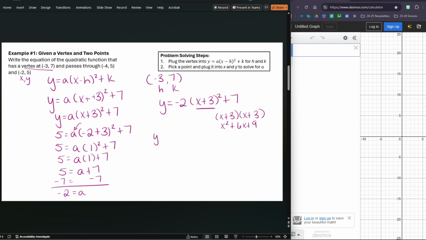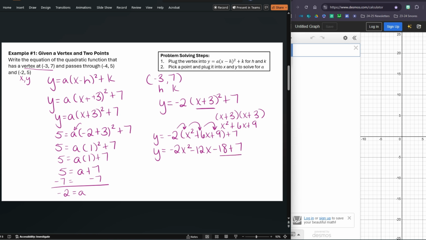So when we plug that back in, we get y equals -2 times (x squared plus 6x plus 9), and we have this plus 7 at the end. That -2 in front is going to distribute to every single term. So I have y equals -2x squared. -2 times 6x is minus 12x. -2 times 9 is minus 18. Then I have plus 7.